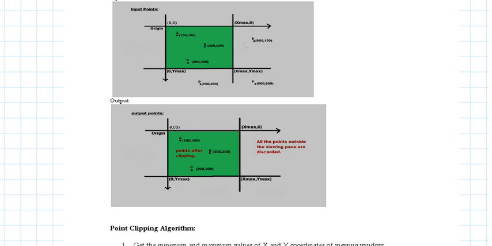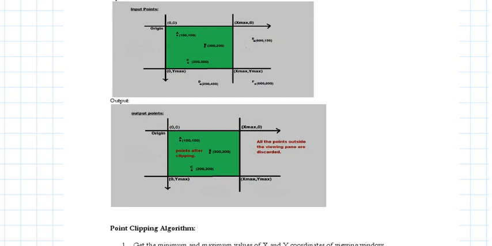So these 2 points will be clipped when you translate the entire thing into your viewport. And the diagram below depicts the scenario after clipping. Here you can see that only point A, B and C are retained. Point D, F are discarded or clipped. All the points outside the viewing pane are discarded.